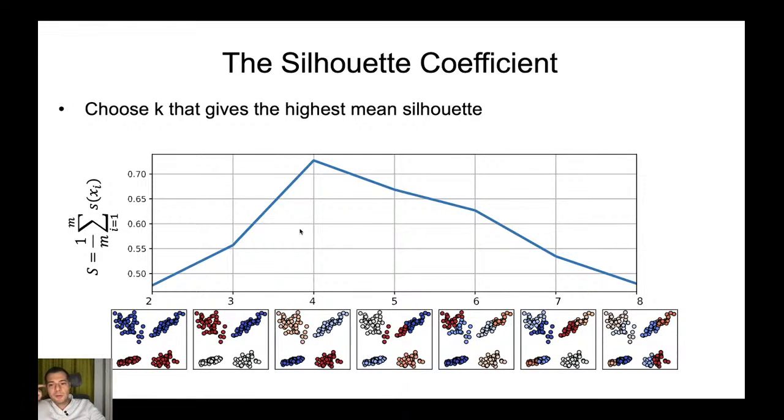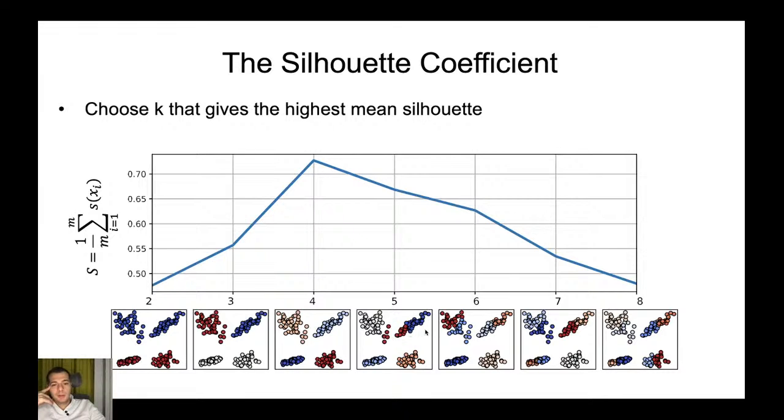The silhouette coefficient here is small because the within cluster distance is big. We have points that are in the same cluster but are very far away. For 4 clusters, we obtain the maximum silhouette score.